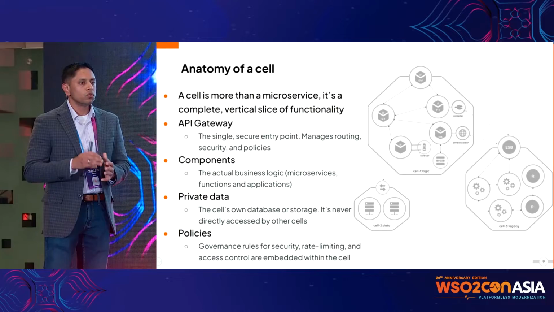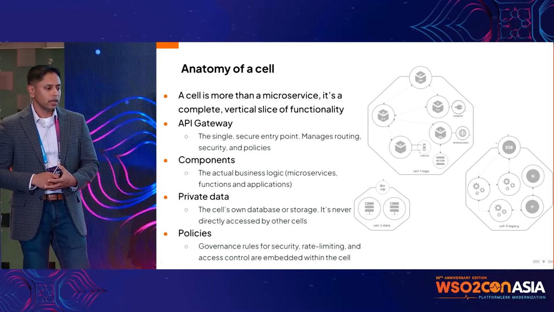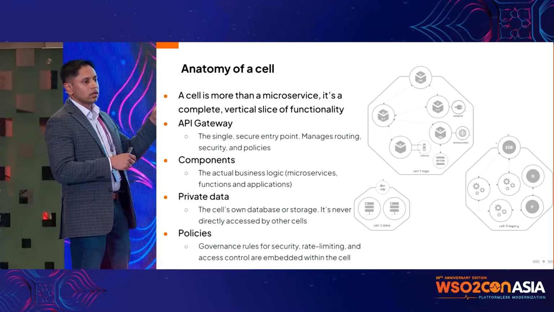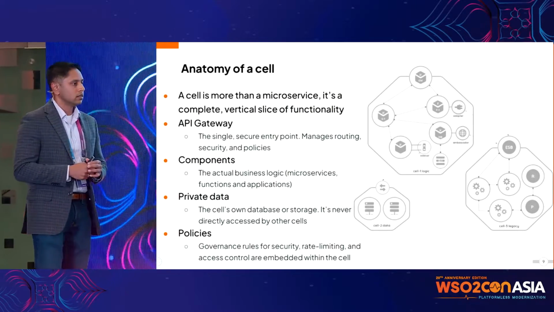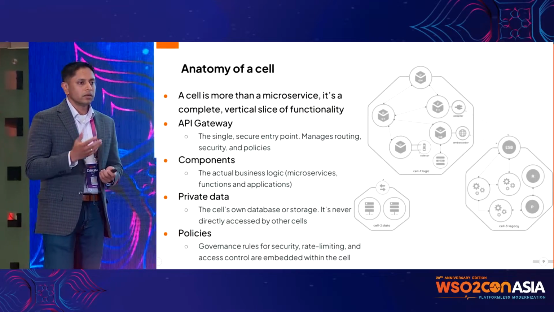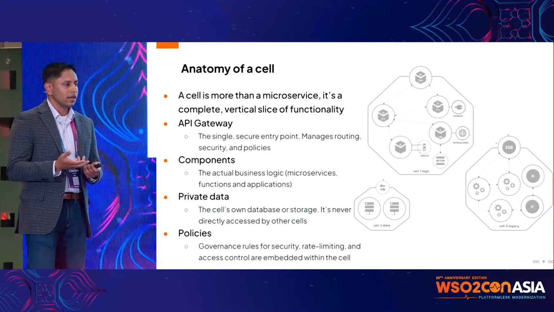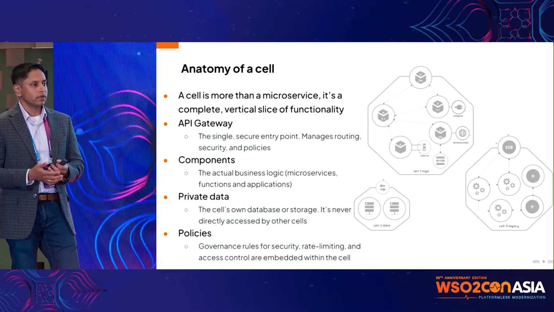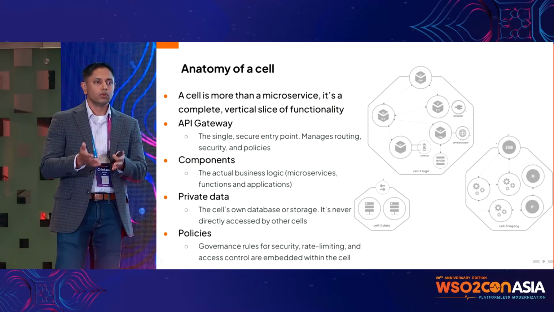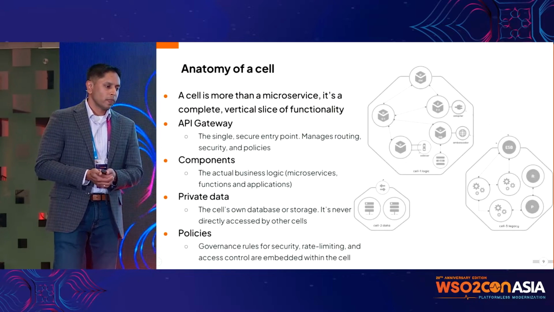Now if we zoom into what goes inside a cell, first, at the top of the boundary of the octagon, there's what we call an API, a cell gateway, or a proxy. I don't think you can read the text here. This becomes the front door into the cell.